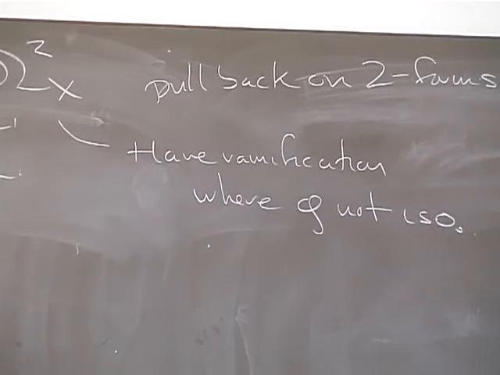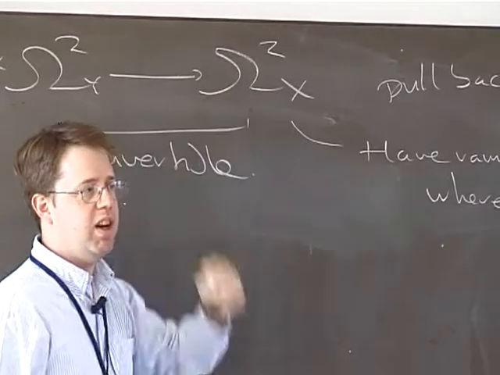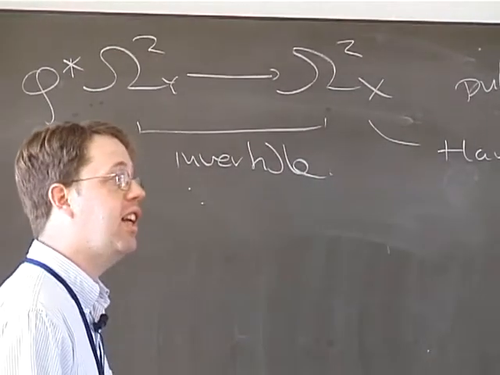But I know how to analyze a map of invertible sheaves. It's going to be 0 on some divisors. That's the only thing that can happen.